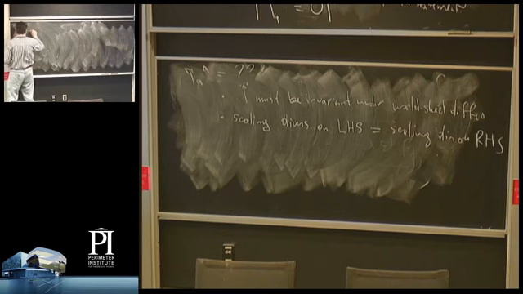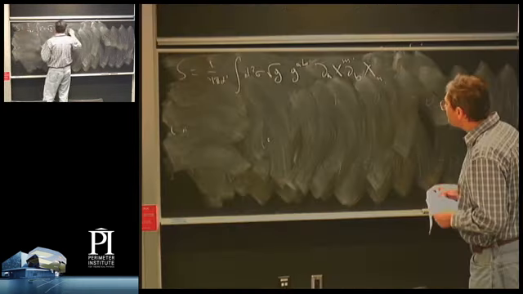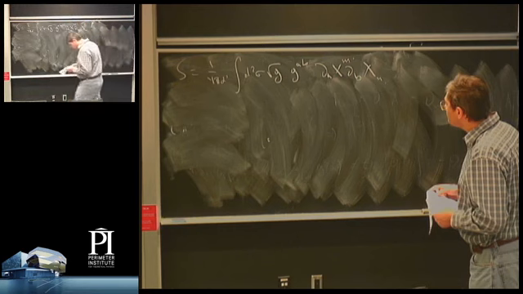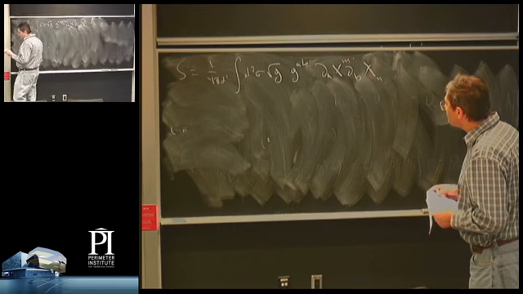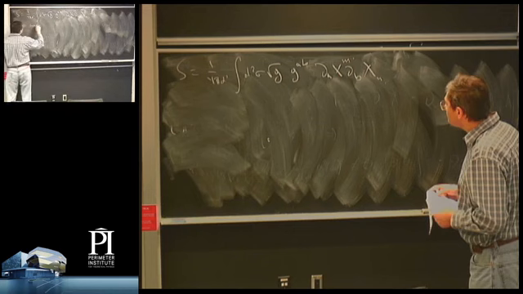It's 1 over 4 pi, integral d^2 sigma root g g^{AB} del_A X del_B X. I'm going to use worldsheet units.